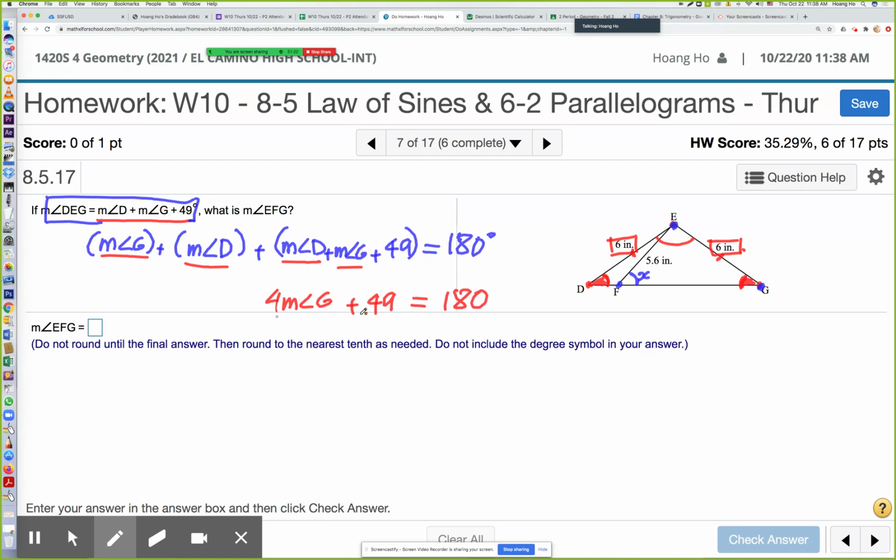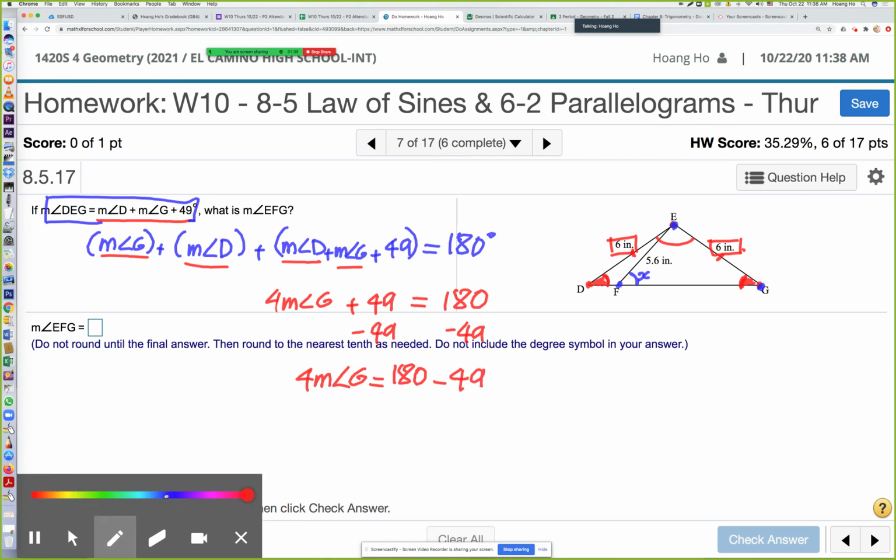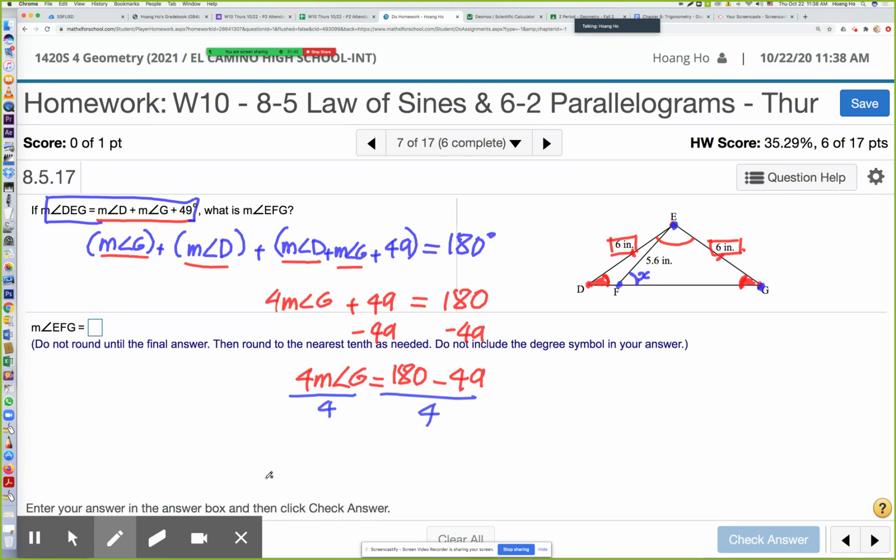Now you just solve for angle G. First I subtract 49 on both sides. So 4 times the measure of angle G equals 180 subtract 49. But this is 4 times, so if you want to find only angle G, I divide by 4 on both sides. So the measure of angle G equals 180 subtract 49, divided by 4.